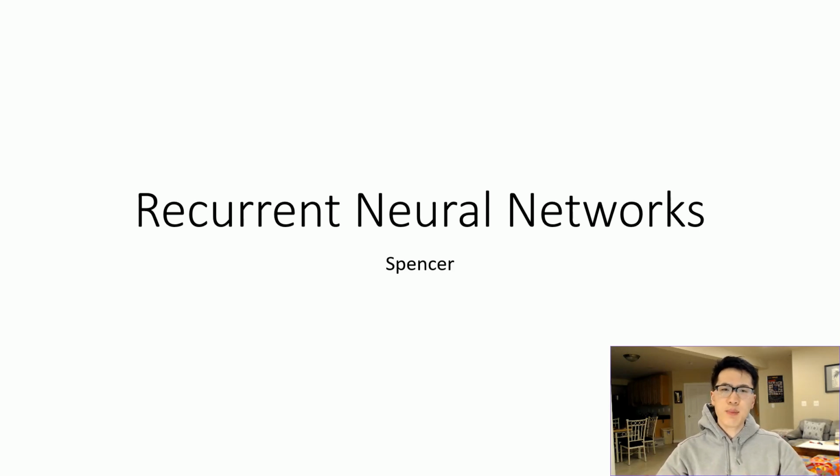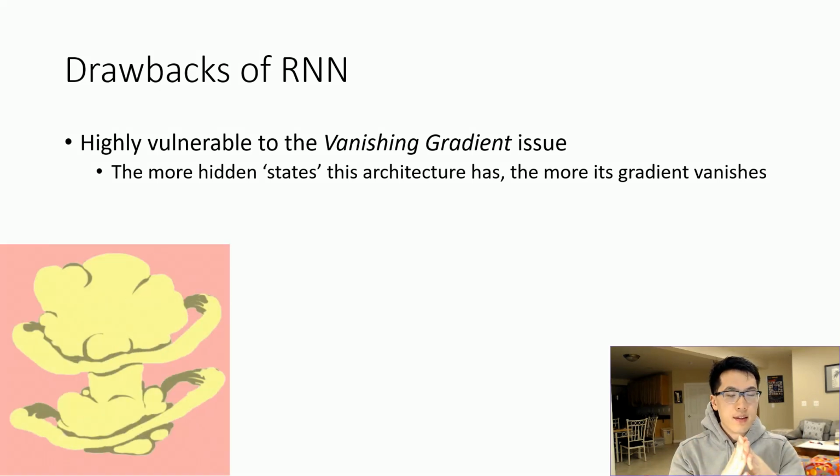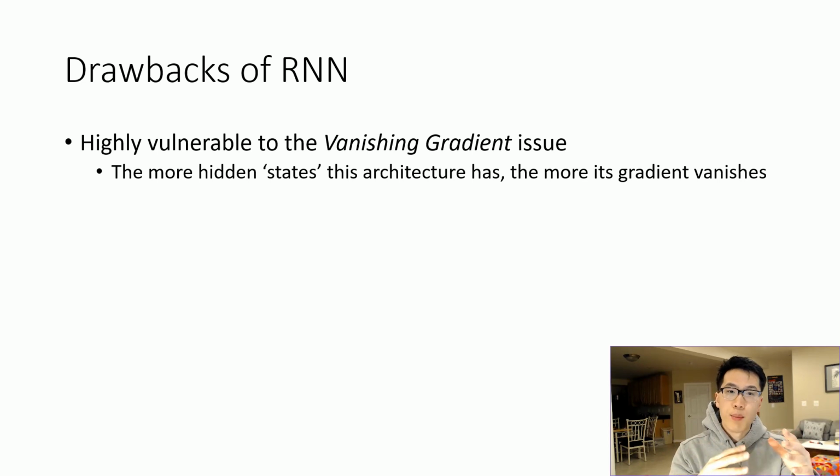So let me just highlight the very first part, the drawbacks of the recurrent neural network. One of the major drawbacks is the vanishing gradient, where your model is trying to update its weights, but the weights are not being updated because your gradient is so close to zero. So your model is essentially not training on anything.